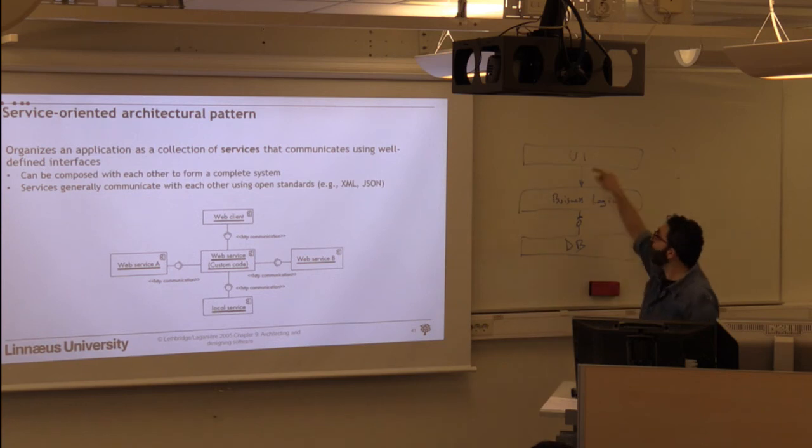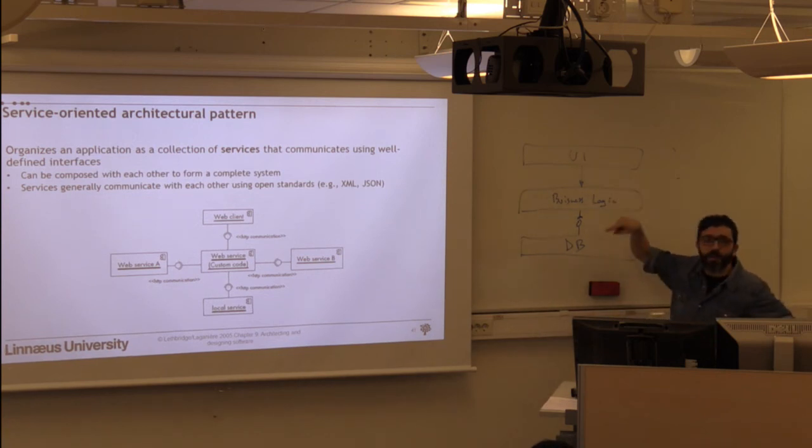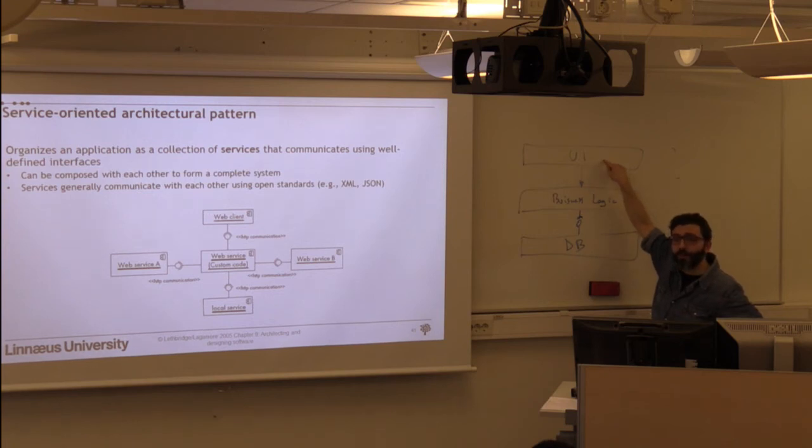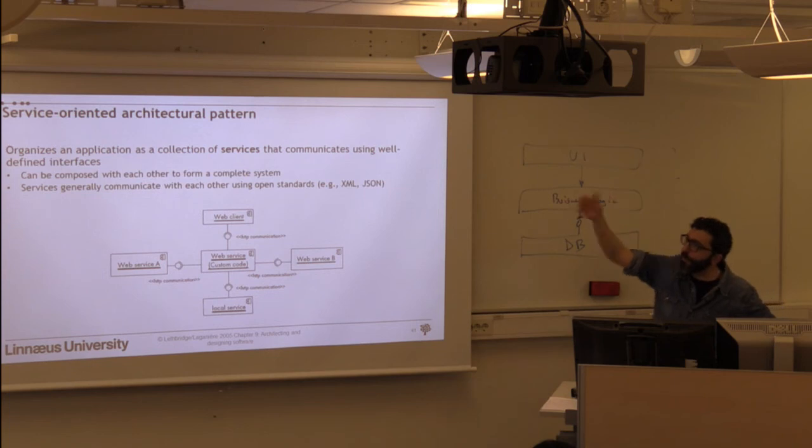Here we have three layers, but we say that a subsystem is a system that can be made of subsystems. This means that this layer can be implemented as a pipeline, or as a client server, or as a service-oriented pattern.